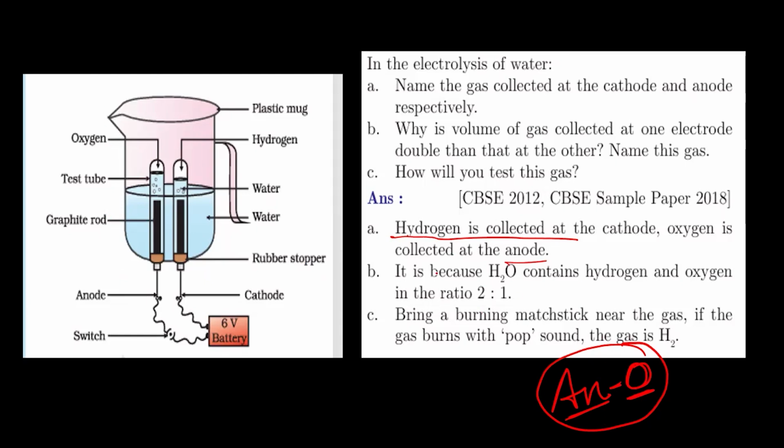Why is the volume of gas collected at one electrode double that at the other? Because water contains hydrogen and oxygen in the ratio 2:1. I already mentioned that. Then how will you test the presence of hydrogen gas? Bring a burning candle or matchstick near the gas.